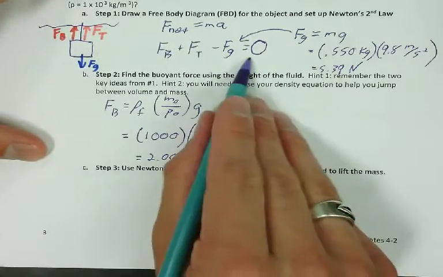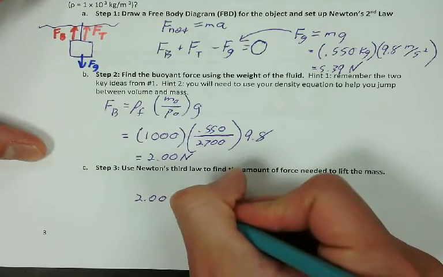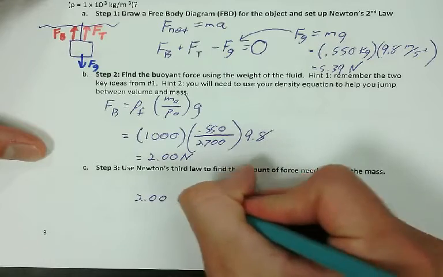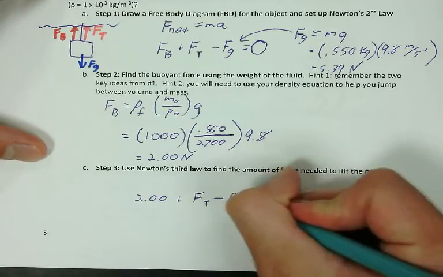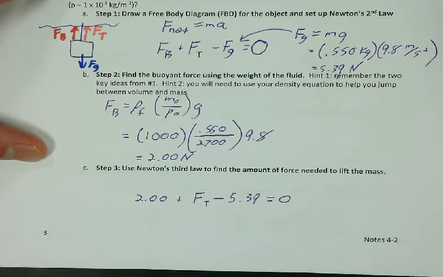And so now use Newton's third law to find the amount of force needed to lift the mass. So here's my Newton's second law. Buoyant force is 2.00 plus the tension force, which we don't know, minus gravity, which is 5.39, equals 0. Solve the numbers around.